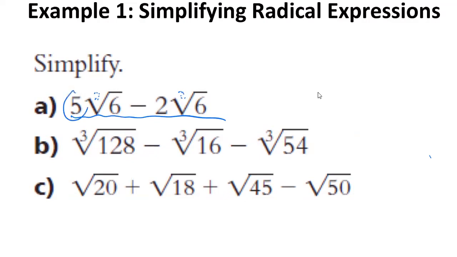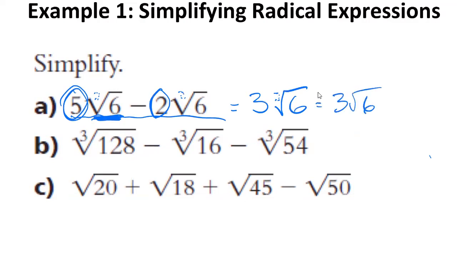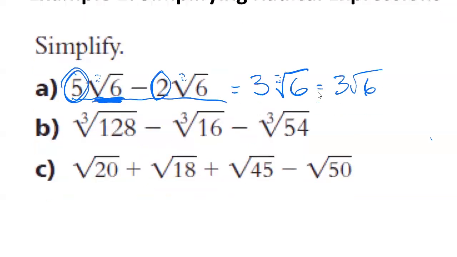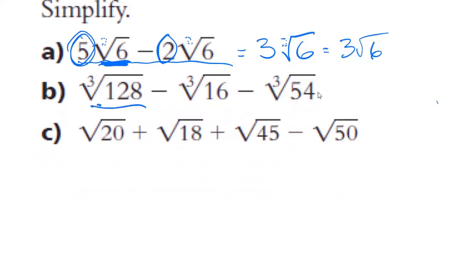Simply we say, well, 5 minus 2 is equal to 3, and the radicand and the radical itself and the index would all stay the same. Nothing changes. And of course, we wouldn't write that with the 2 in there. 3 root 6.